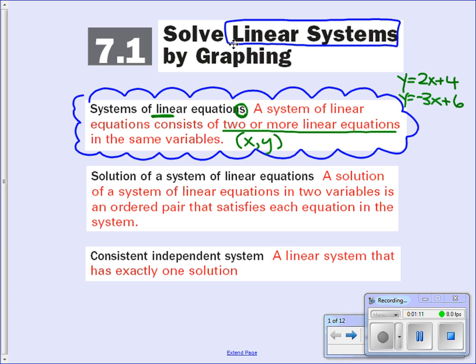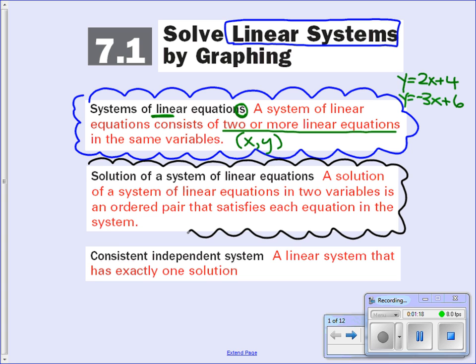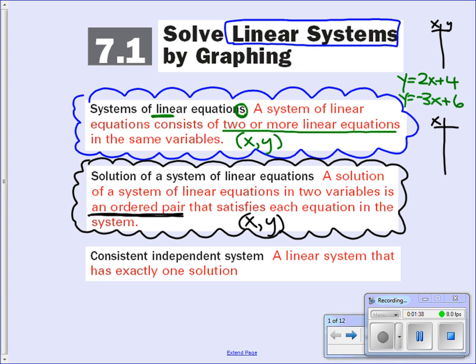Now, sections 1, 2, 3, and 4 from chapter 7 are about solving and the different ways to solve linear systems. So it'd be really nice to know what the solution actually is. The solution is the one ordered pair that works in both equations, because each equation has its own table of input and output values, x and y coordinates that actually work in the equation.